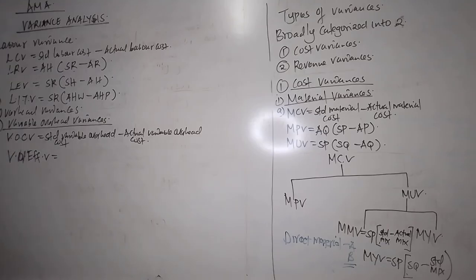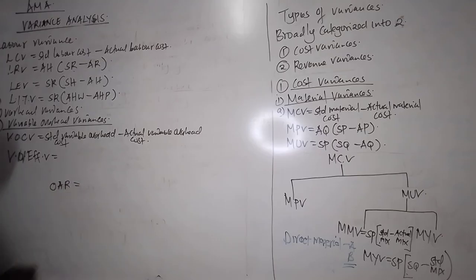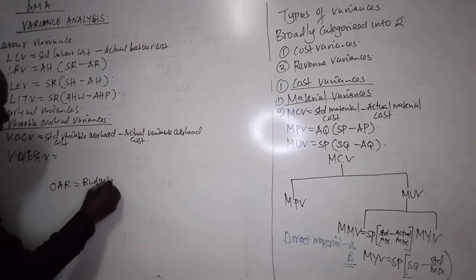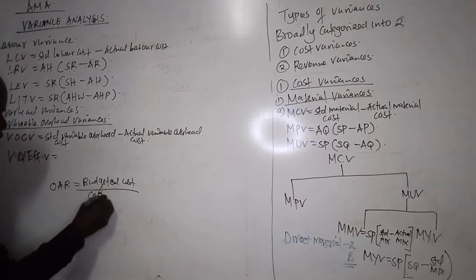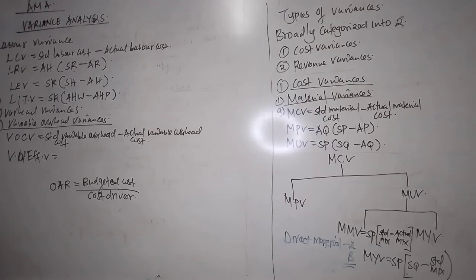From the topic known as overhead, we say that to compute the overhead absorption rate, we take the total budgeted cost, then we divide by the cost driver.